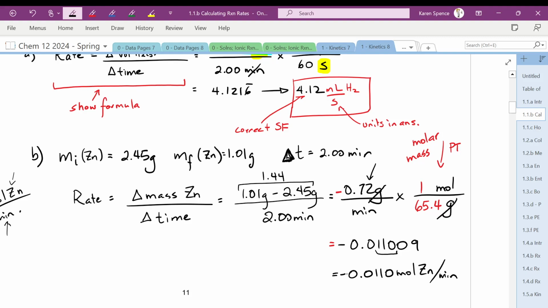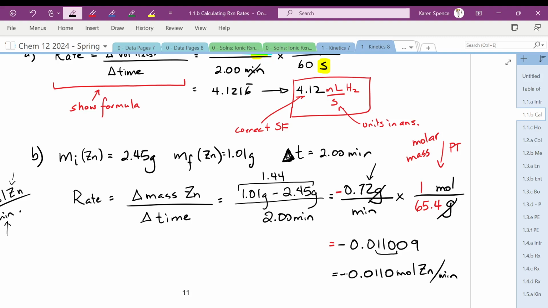Now, I'm going to tell you guys right now, I'm not going to get too excited about whether you call it negative or whether you call it positive, because if we write negative, that means it's getting used up. That's great. But if the question says, what is the rate of consumption of zinc per minute, then technically you wouldn't say my rate of consumption of zinc is negative 0.0110. Like, that's weird, right? So we would use a positive value there.